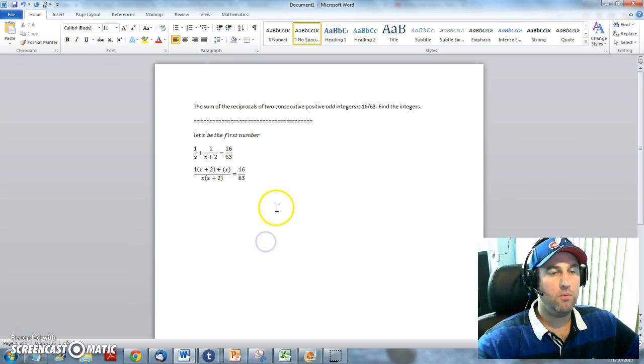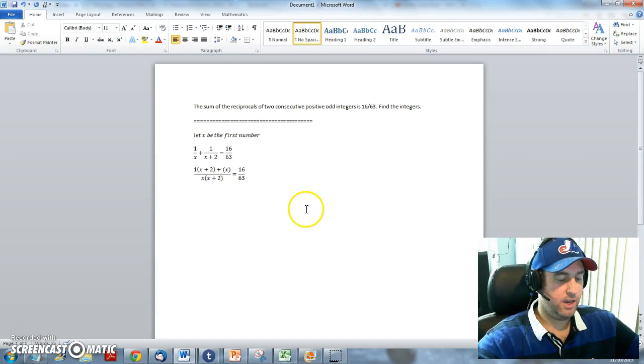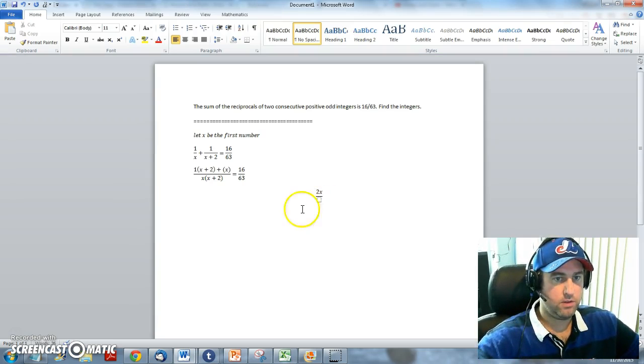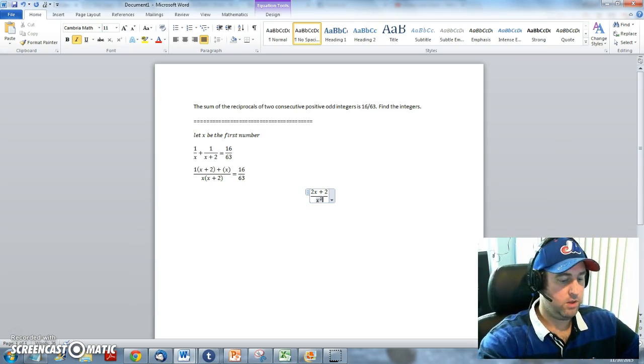Okay. What I do next is expand and simplify both my numerator and my denominator. If I do that, I'm going to get 2x plus 2 over x squared plus 2x equals 16 over 63. It's a little bit finicky when I'm doing an equation editor on Word.